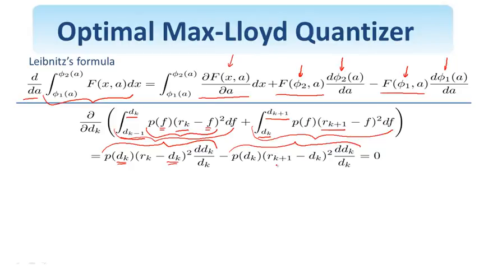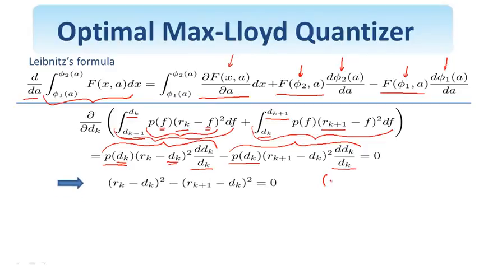And you can walk through the steps here in a rather straightforward way. We see that p of d of k is a common factor, it's constant, and clearly these derivatives are equal to 1, and therefore what I'm left with is this expression here.